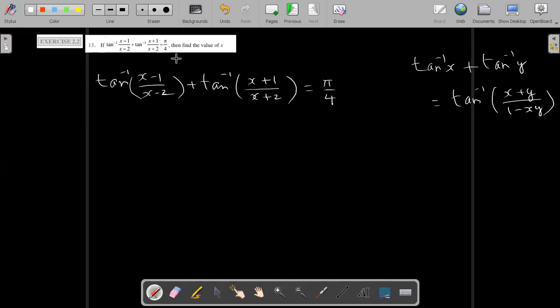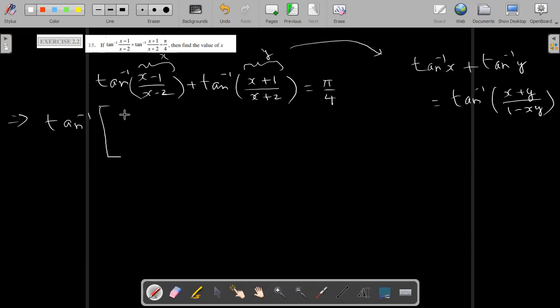This formula we will apply. This is our x and this is our y as per the formula. So we apply this formula. What will be the result? It will become tan inverse of x plus y.